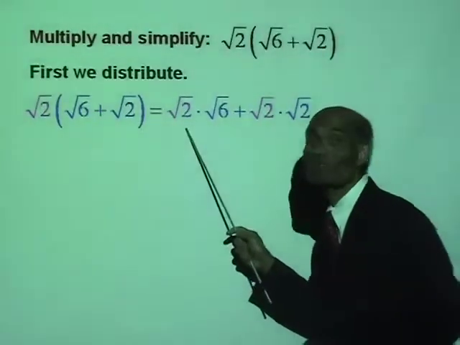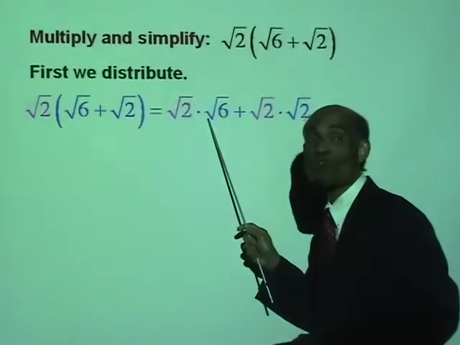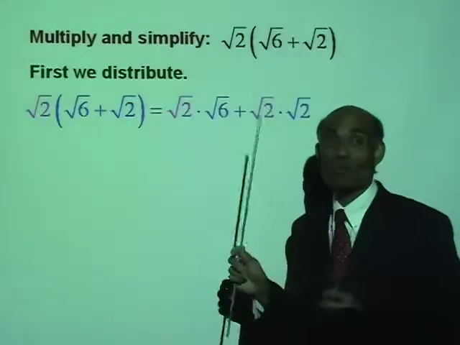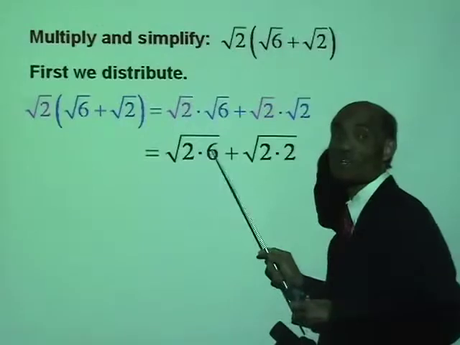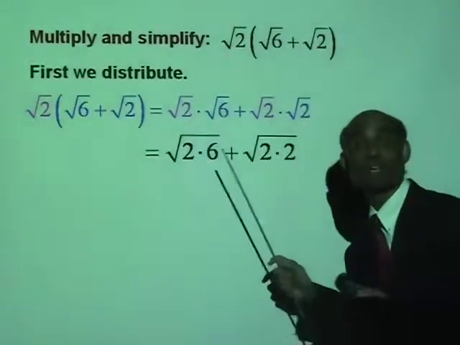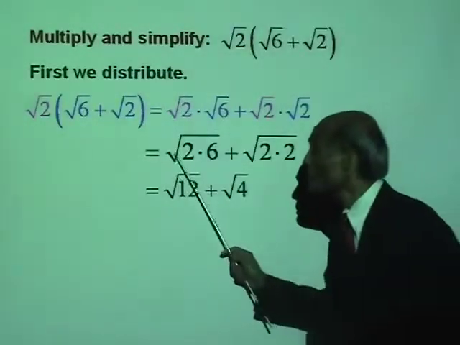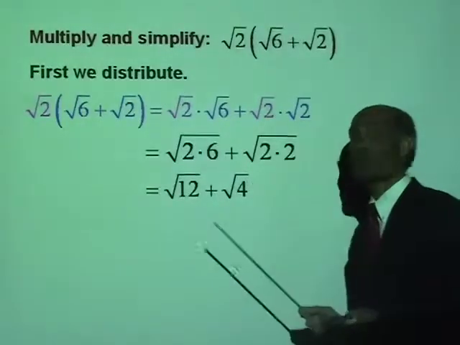And how do we simplify this? Square root 2 multiplied by square root 6, combine inside the same radical. That will be square root of 2 times 6 plus square root 2 times square root 2 is square root of 2 times 2. Now, this is square root of 12 plus square root of 4.